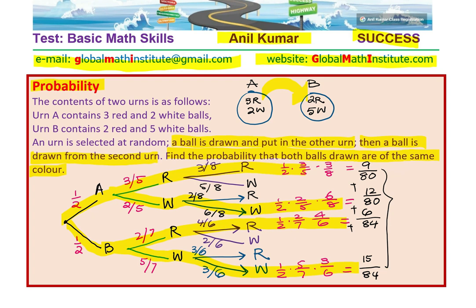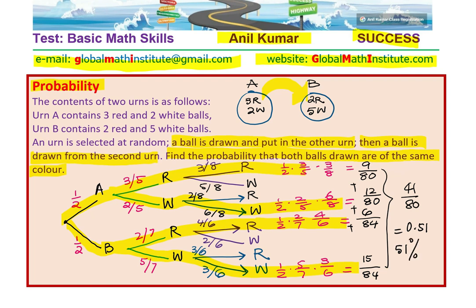And that gives me 41 over 80, which is equal to, in decimals, around 0.51, right? So in percent, it is 51%.